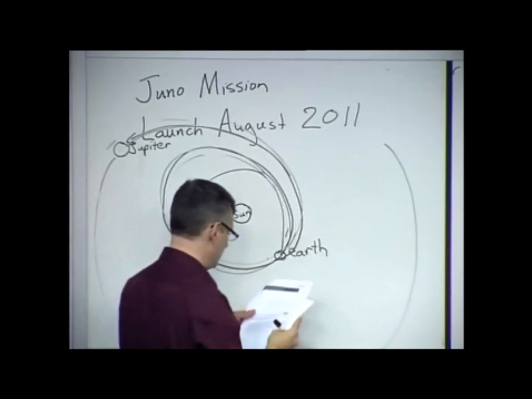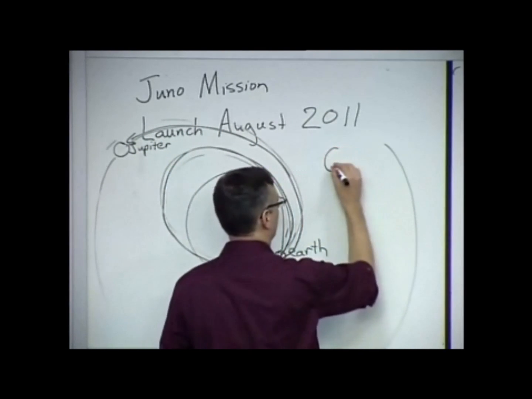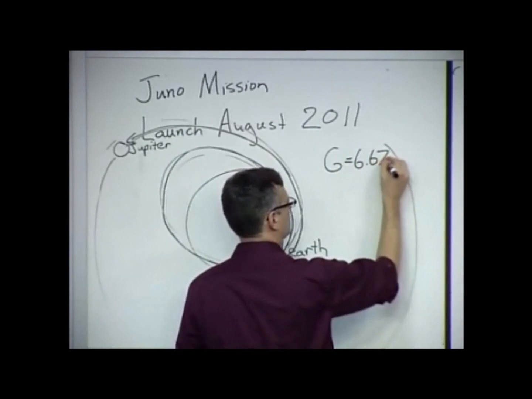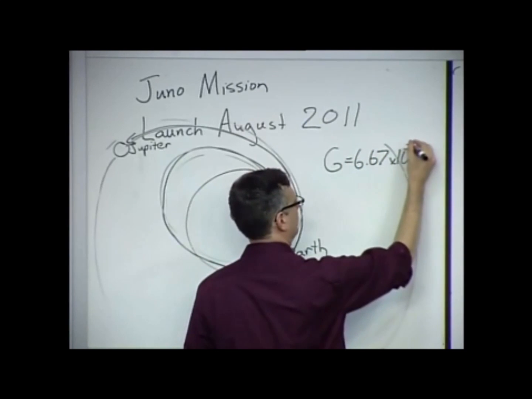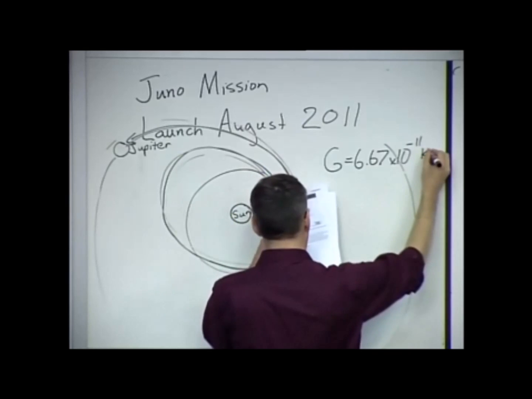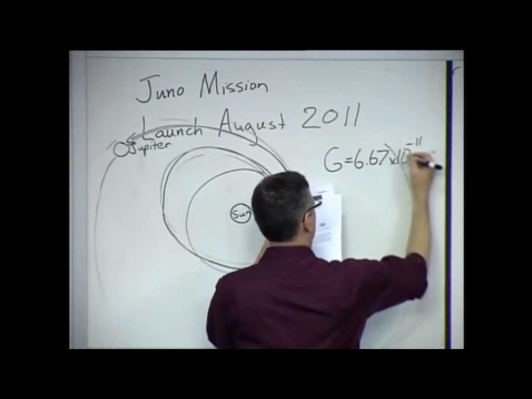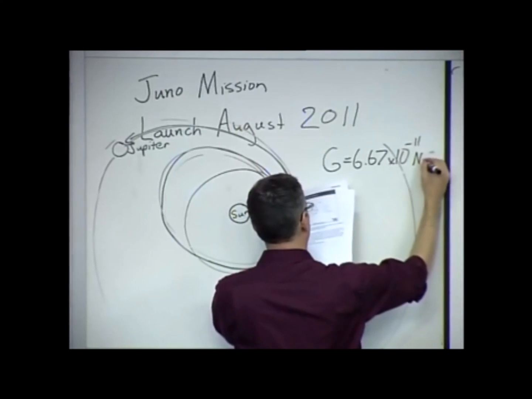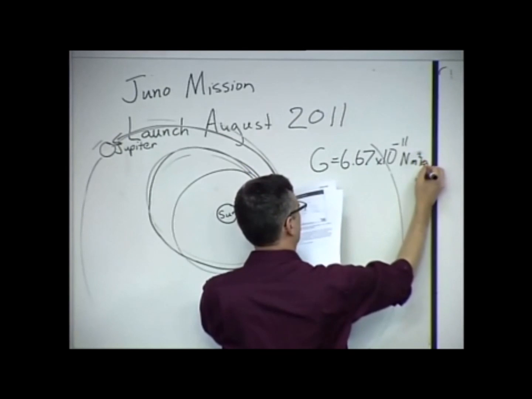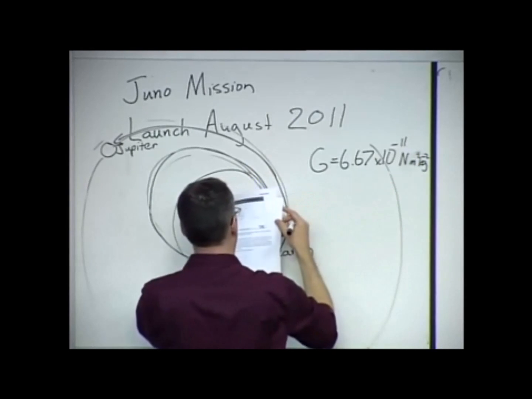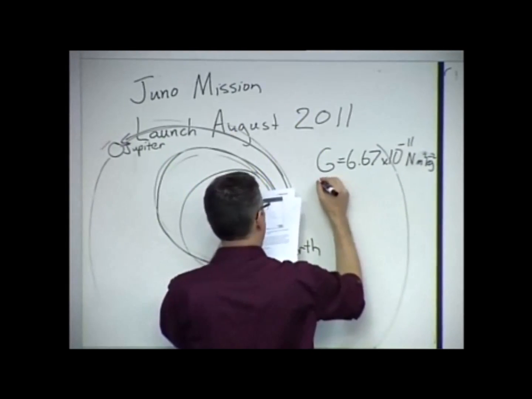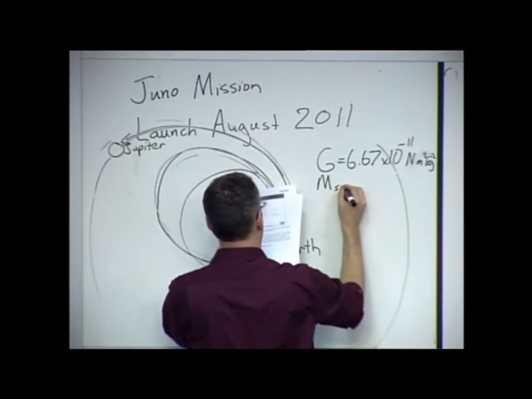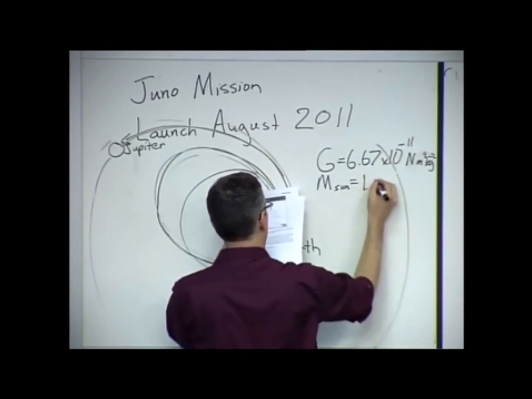Now, let me give you a couple pieces of salient information. Of course, we're going to use Newton's gravitational constant, in meters squared per kilogram squared. The mass of the sun, you thought the Earth was massive.